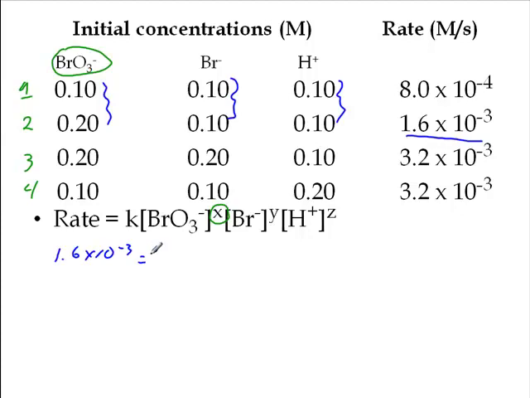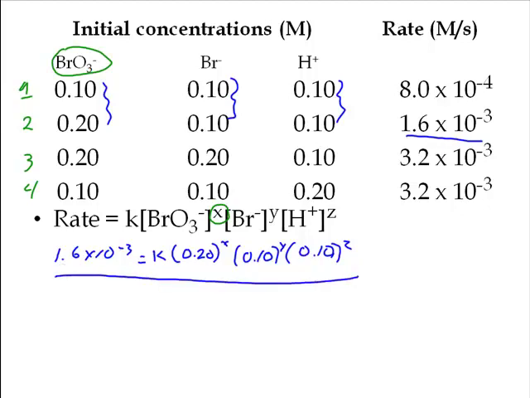And that equals whatever the constant is, times the concentration of 0.20 to the x, and then this one is 0.10 to the y, and this is 0.10 to the z. So that's experiment 2, and I'm putting that under experiment 1.